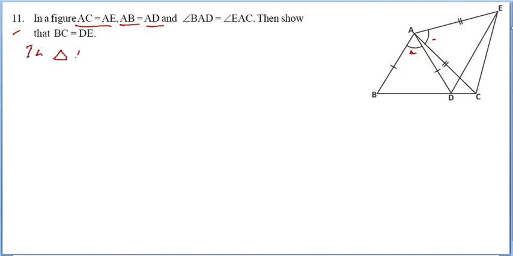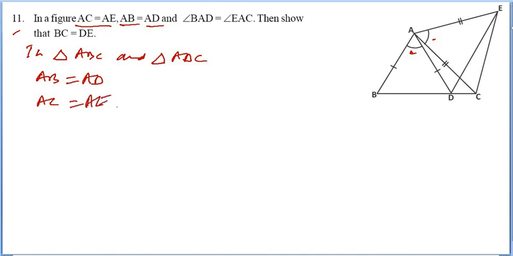In triangle ABC and triangle ADC, what will happen? It is given that AB is equal to AD, and AC is equal to AE.